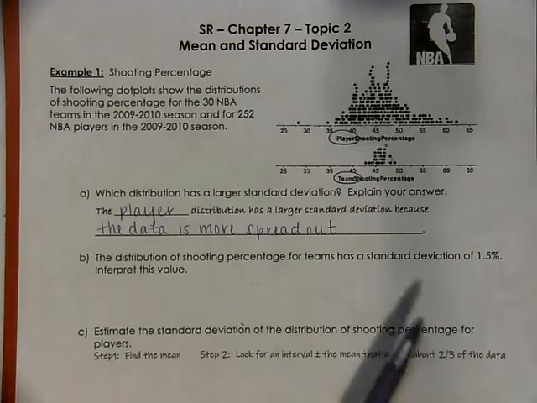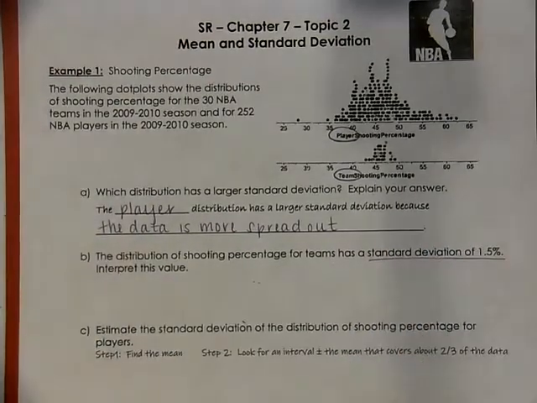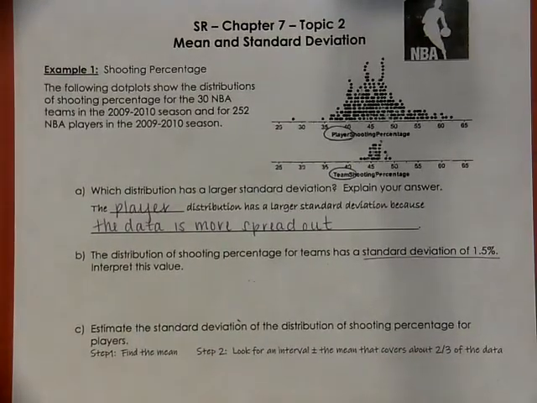The distribution of shooting percentage for teams has a standard deviation of 1.5%. Interpret this value. So this is a review from yesterday's notes. So what does this 1.5% mean?